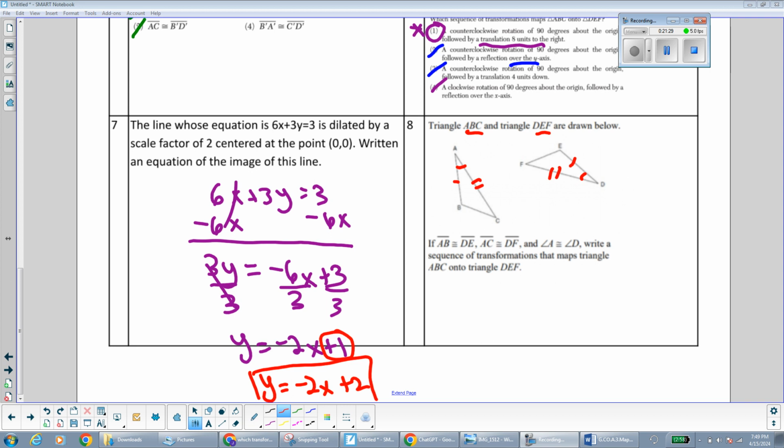So for our center of rotation, let's do point C. And we can imagine that the whole triangle is rotating around point C. And we want to rotate it so that A falls over here where D is. And so AC matches up with DF. And so that AB matches up with DE.